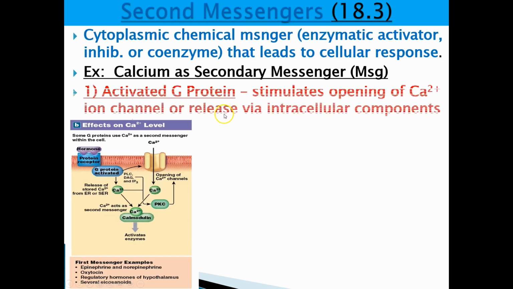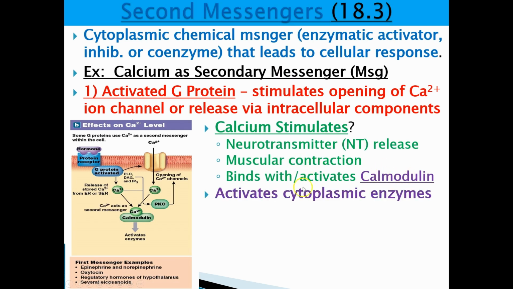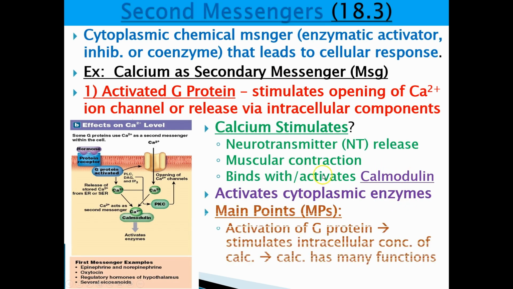But we focused on calcium as a second messenger. That was one of them. And what you needed to know is that it eventually led to the production of calmodulin. And what calmodulin did was activate enzymes. And those enzymes are usually going to lead to the final production of a protein or activate gene synthesis. It really doesn't matter.